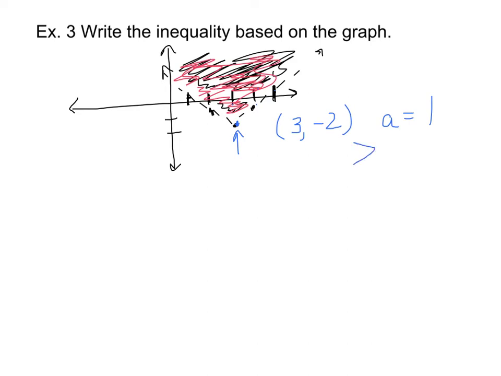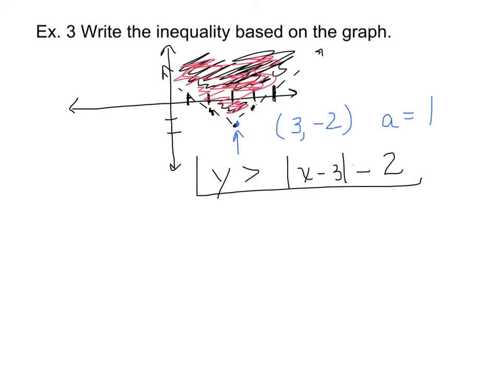So when you write your inequality, it'll be y is greater than a is 1, times the absolute value of x minus 3, minus 2. So that would be your inequality for that graph.